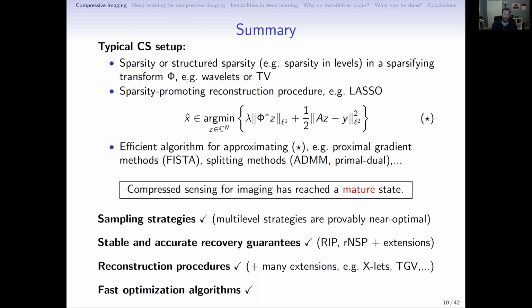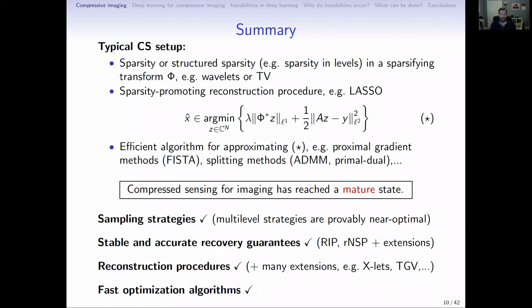I guess the point I'm really making here is that compressed sensing was, in some sense, the first revolution in compressive imaging, and it's now reached a fairly mature state. The use of compressed sensing for image reconstruction is something that we understand how to do pretty well. When I say that this is mature, we understand things like how to effectively sample in compressed sensing to exploit sparsity.